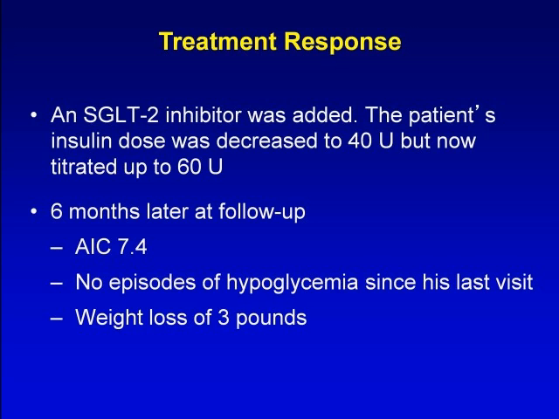Of course, there's the problem of the cost of so many medications and 2 new medications that cost a lot. But fortunately, we were able to get approval from his insurance to pay for an SGLT-2 inhibitor, which was added. And as a precaution to avoid hypoglycemia, we reduced his insulin dose to 40 and then titrated back very slowly. He's back up to 60, but his A1C now is 7.4.